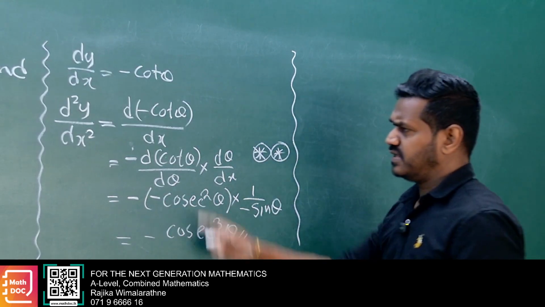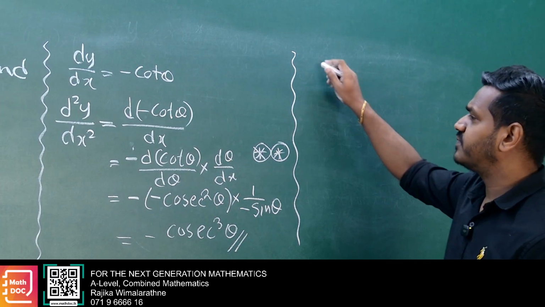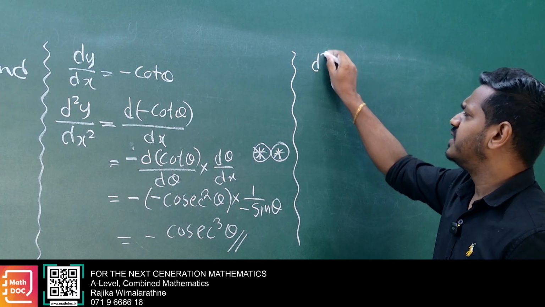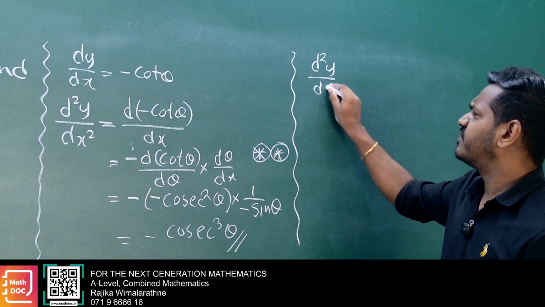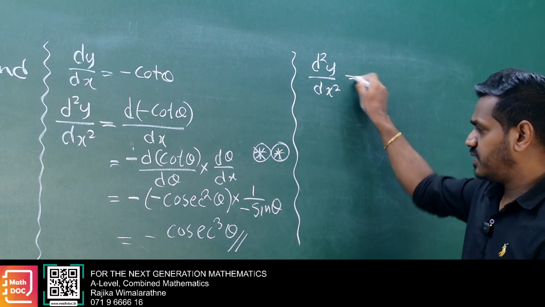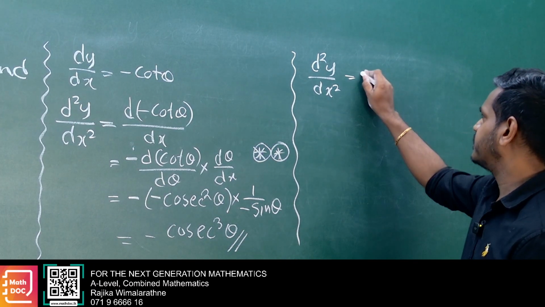Okay, then the next derivative, the third derivative. d squared y by dx squared we know is cosec cube theta.